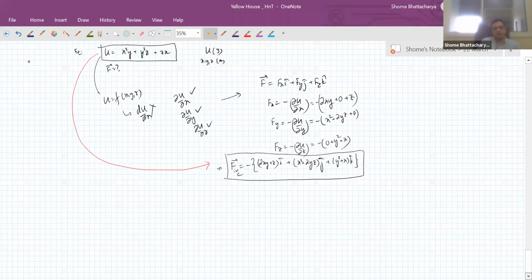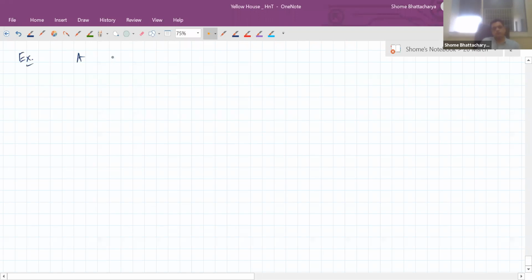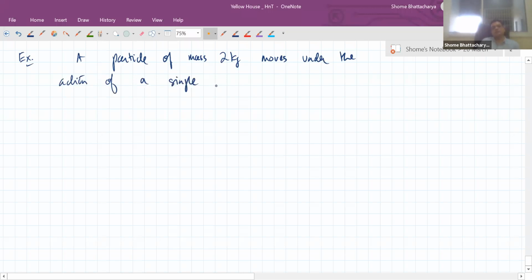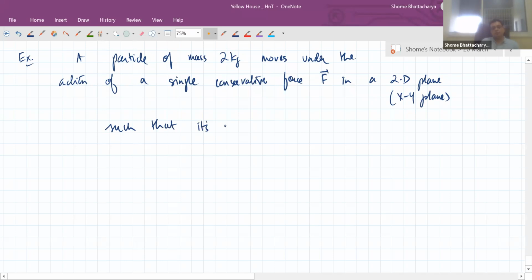So let's look at a quick example now. A particle of mass 2 kg moves under the action of a single conservative force F in a two-dimensional plane, which is the xy plane, such that its potential energy is given by this function.